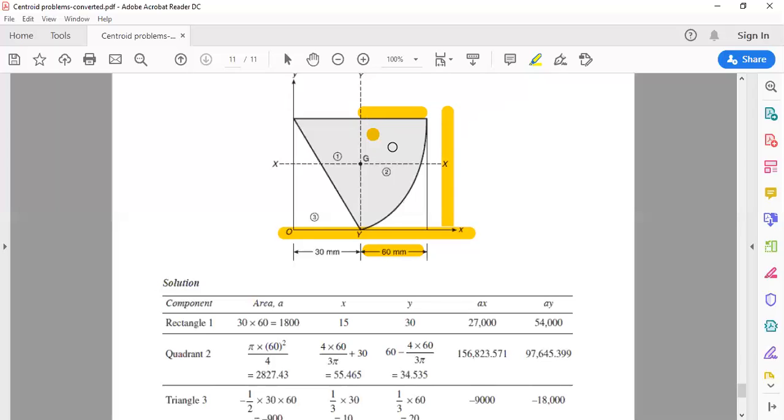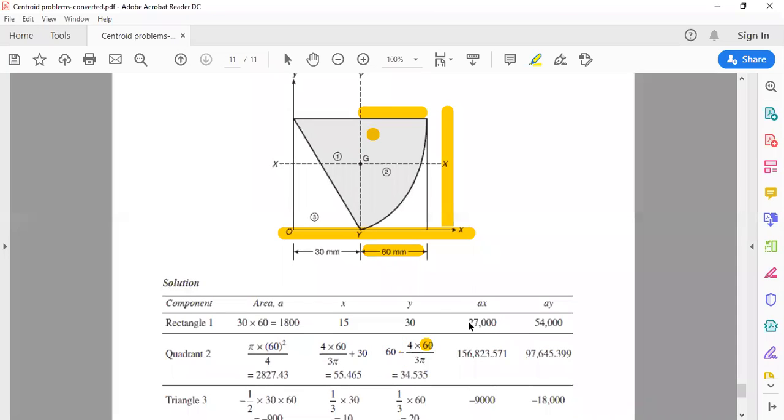I want only this dimension, so I will deduct this small portion from this 60. So it is 60 minus 4r by 3 pi, where r is 60.